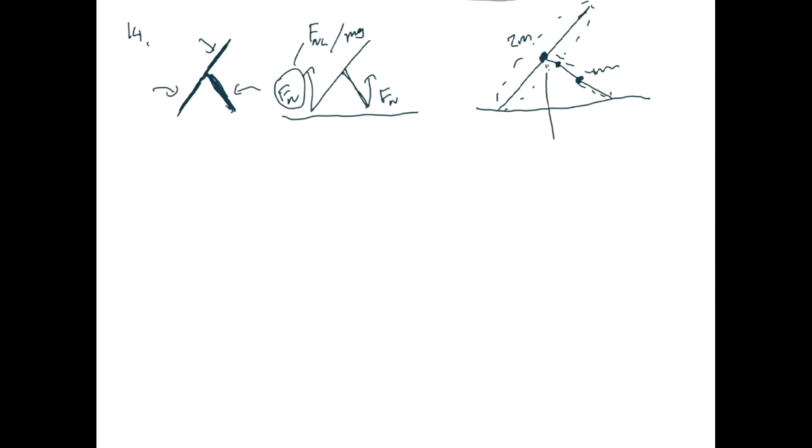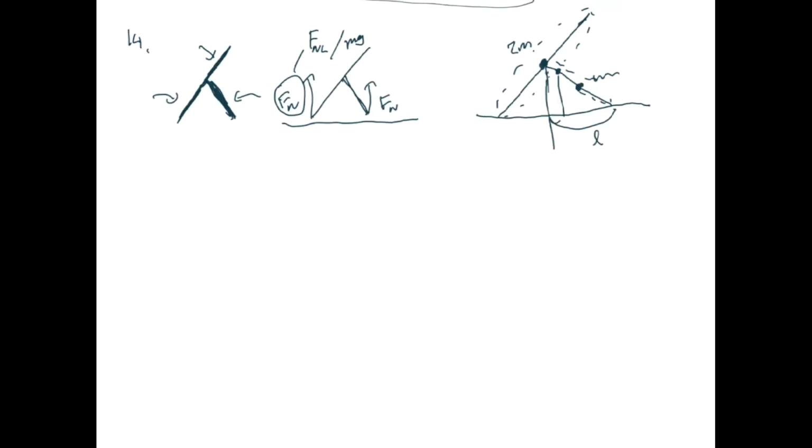The important thing about this is that the center of mass, let's call this distance here L. The center of mass will be a distance of L over 6 to the right of this center here.